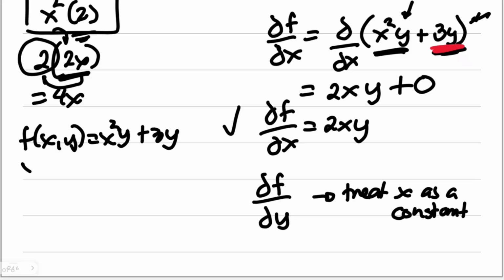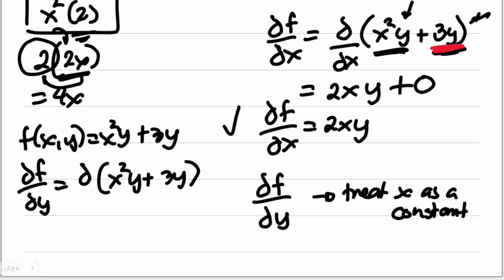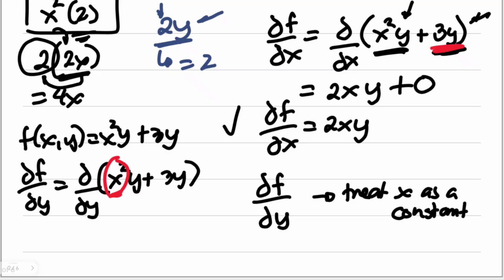So if we're going to take the partial derivative of f with respect to y, you will be taking the partial derivative of the entire function, treating x, this one here, as a constant. So regardless of the exponent, that is an entirely constant. And just like any form, for example, if that's a constant, 2y, if we're going to take the derivative of that, considering that 2 is a constant, we will get actually 2 by the rules of differentiation for y to the power of 1.